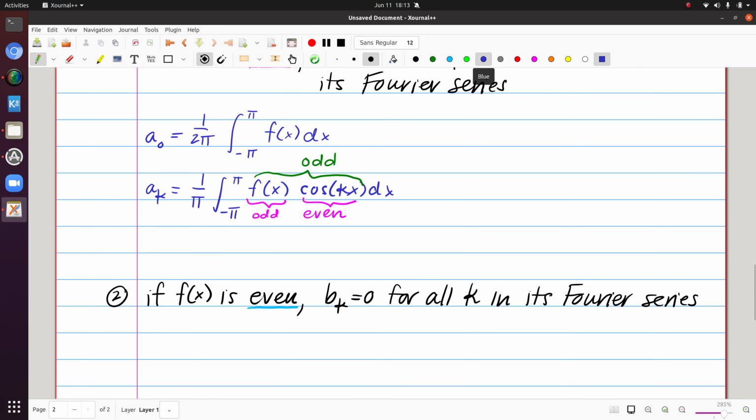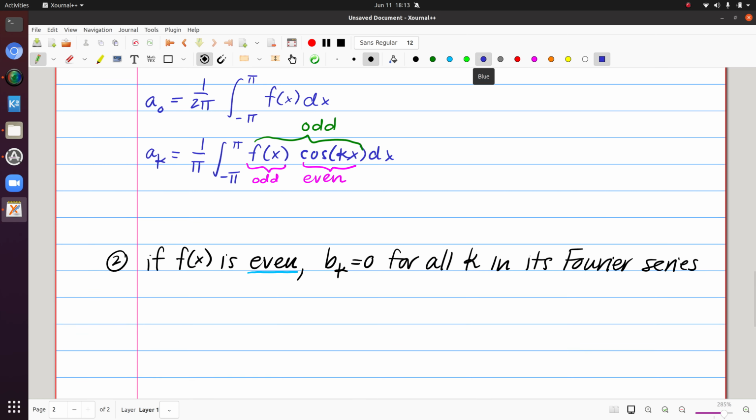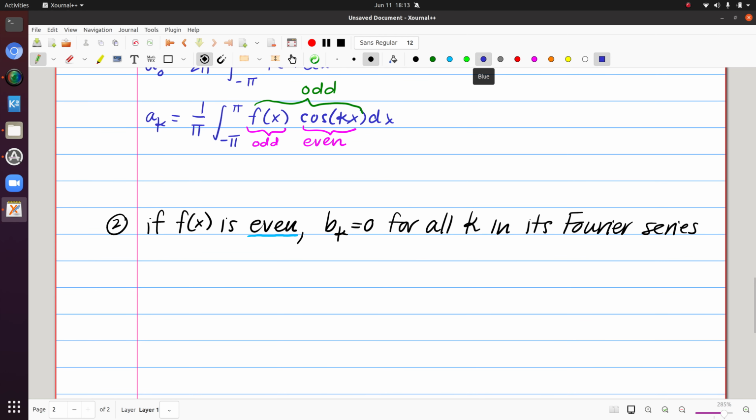If instead f of x is even, it's the b sub k coefficients that are all going to be 0 in its Fourier series. To think about that, remember the formula. Let me write it a little bit better. So b sub k is 1 over pi, the integral from minus pi to pi of f of x times sine of kx.